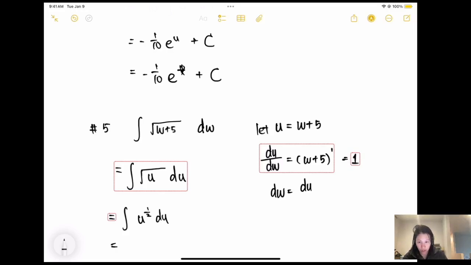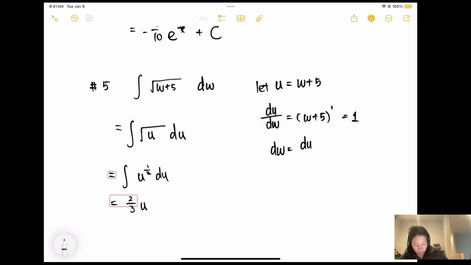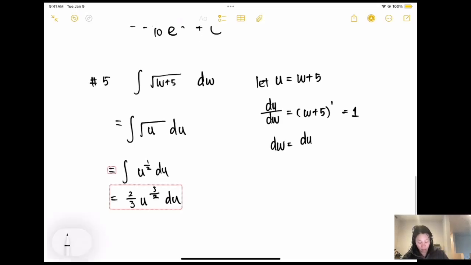And now we want to find the antiderivative, which is equal to 2/3 of u to the 3/2, because you want to add 1 and then multiply by the reciprocal of the coefficient. Oh, we don't have du anymore because we already did the antiderivative.